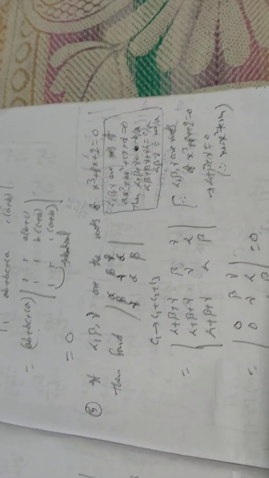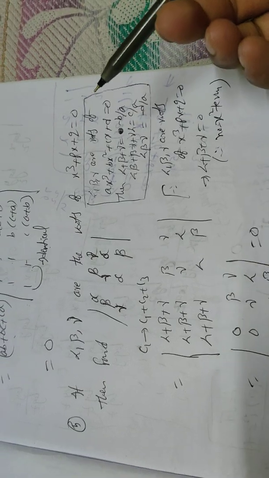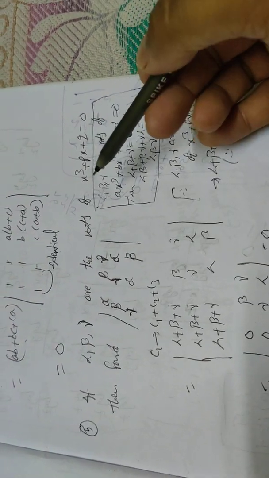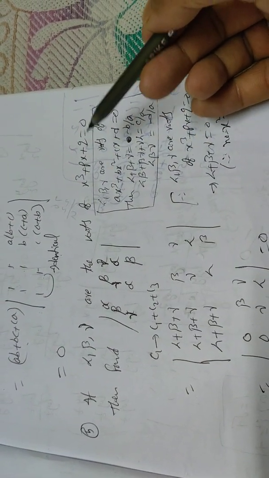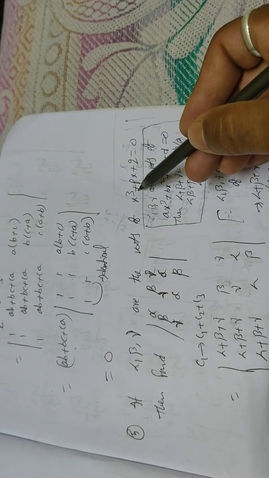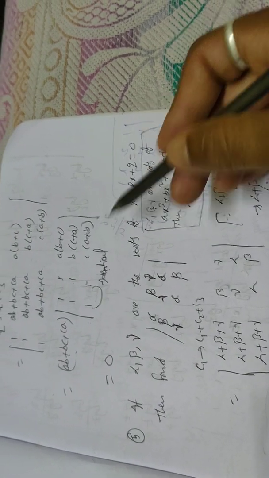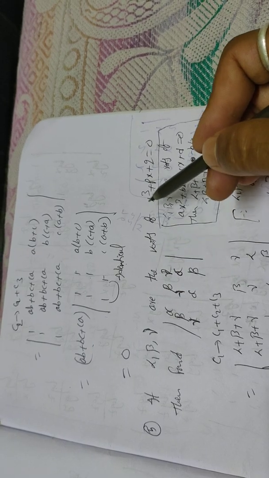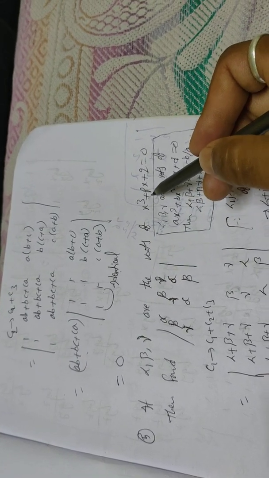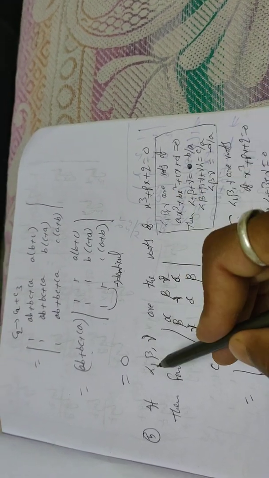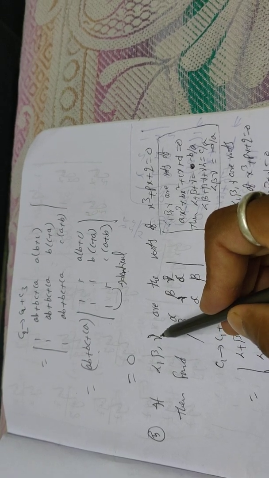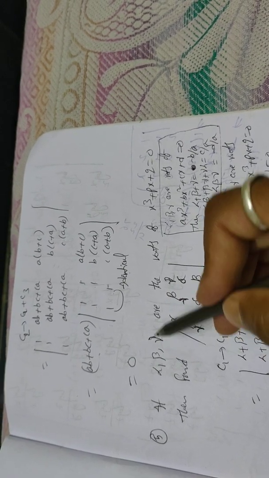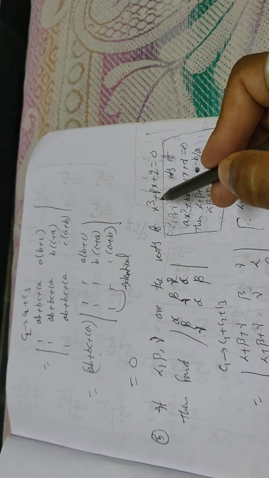You just remember one thing, already you have it in 10th class, polynomials. x cube plus px plus q is equal to 0 means here the x square term is 0. Okay, and alpha, beta, gamma are the roots of this third degree equation. So then the sum of these roots, alpha plus beta plus gamma, is equal to 0.